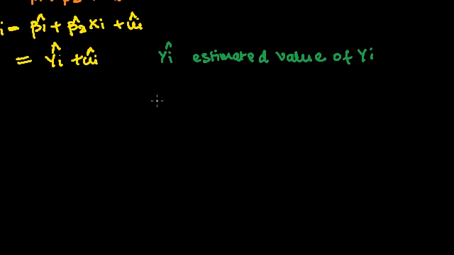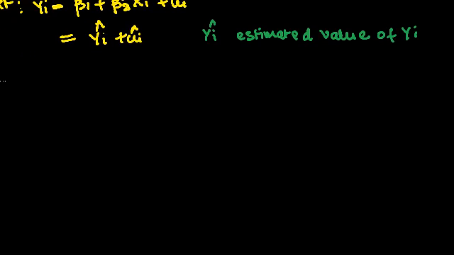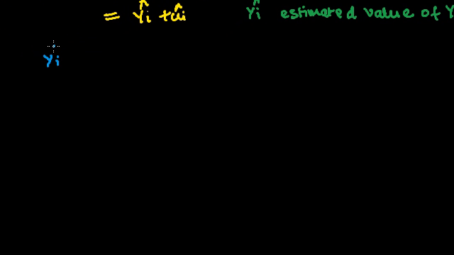Fine. So how is the sample regression function estimated? Well, from this equation, we had yi is equal to yi hat plus ui hat. This gives us ui hat is equal to yi minus yi hat.